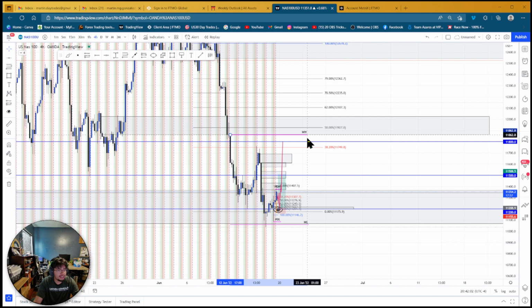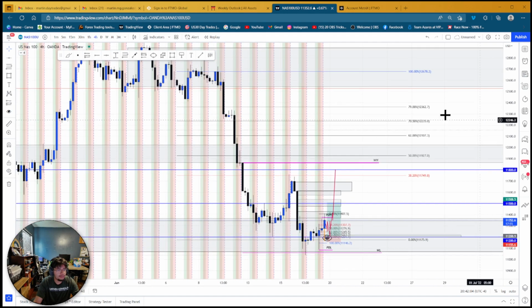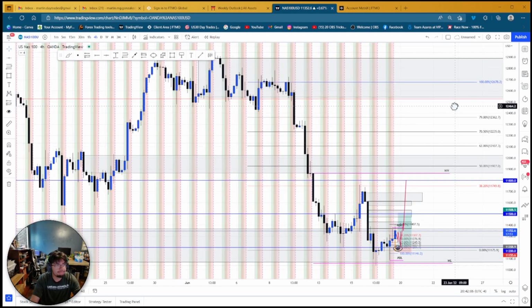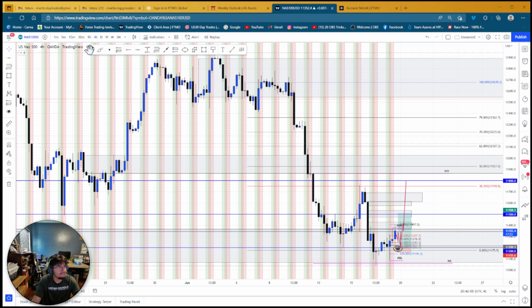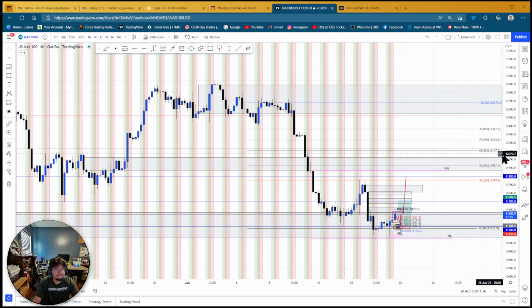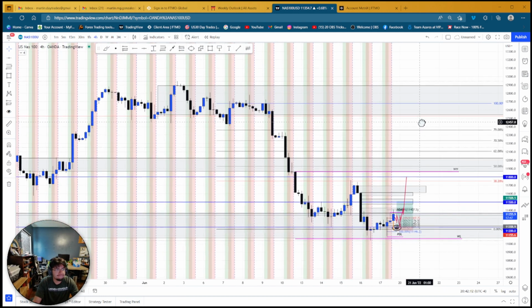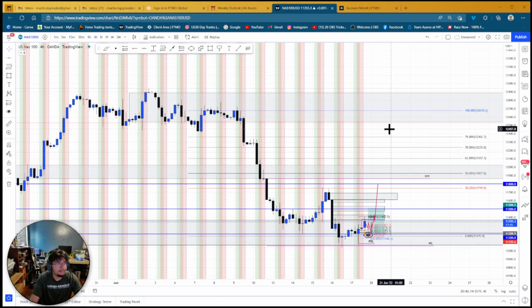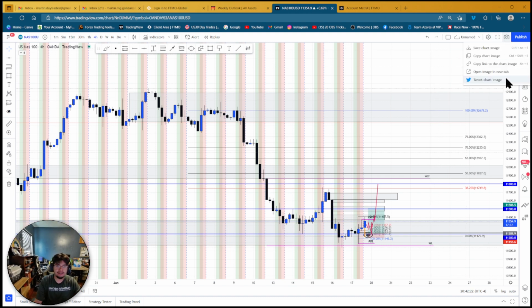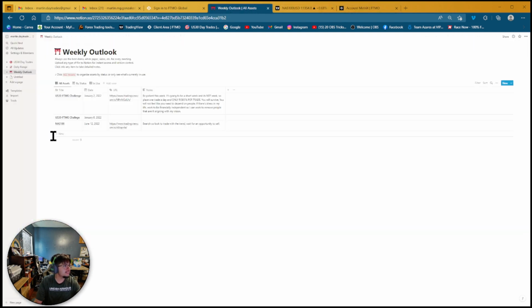I'm gonna take a screenshot, guys, before I turn this off. Here we go. So I'm gonna take a screenshot of this, and I want to understand my trading after this because I have a bias now. Copy link to chart image, weekly outlook, all assets. I'm gonna do a new one.